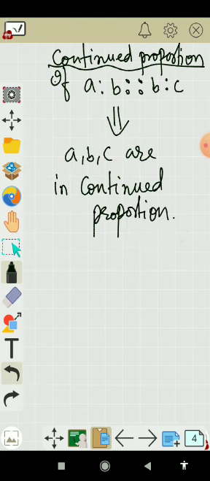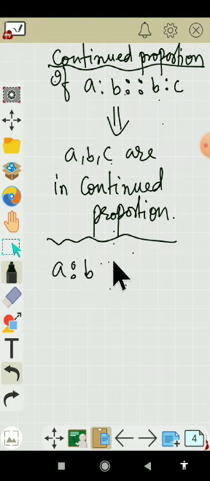So here C is called the third proportional to A and B, and fourth proportional to A, B, B. Because only three terms are present, we can say C is a third proportional of A and B. That means three terms.